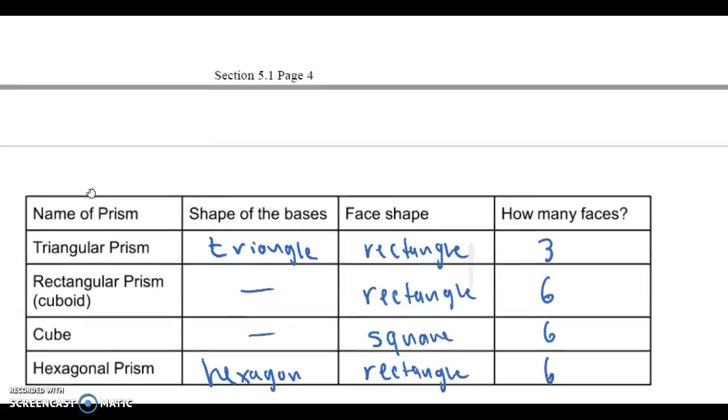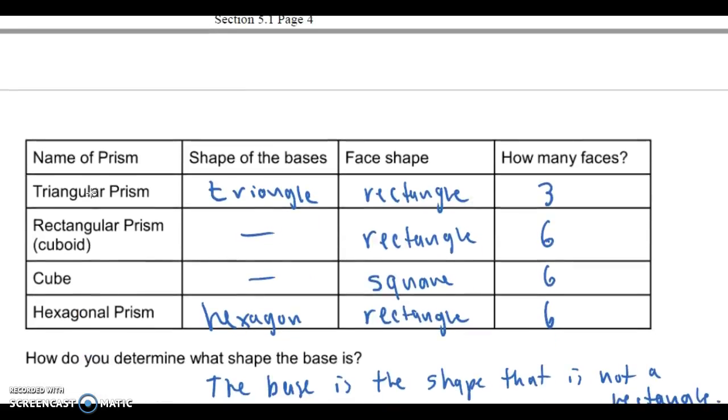So let's get to some worked out stuff here. In a triangular prism, the shape of the base is a triangle. In the hexagonal prism, the shape of the base is a hexagon. And just to clarify a little bit, when we talk about how many faces, we're talking about lateral faces, which is slightly different from just saying a face.